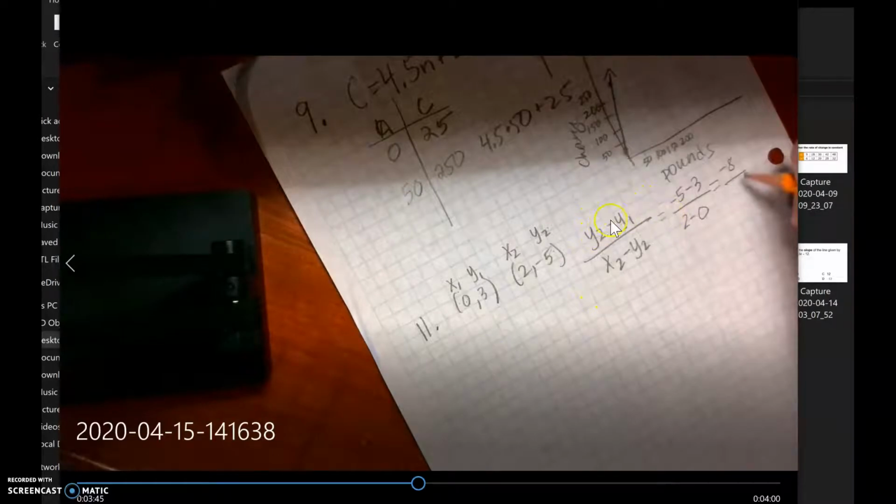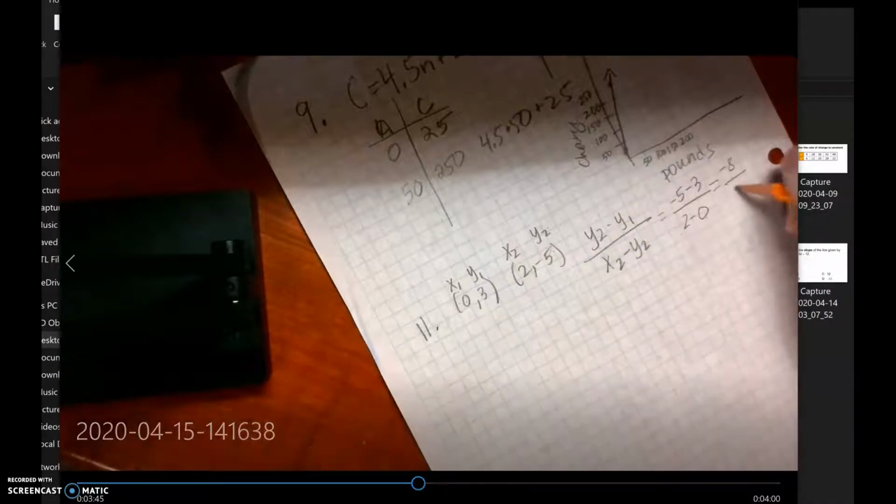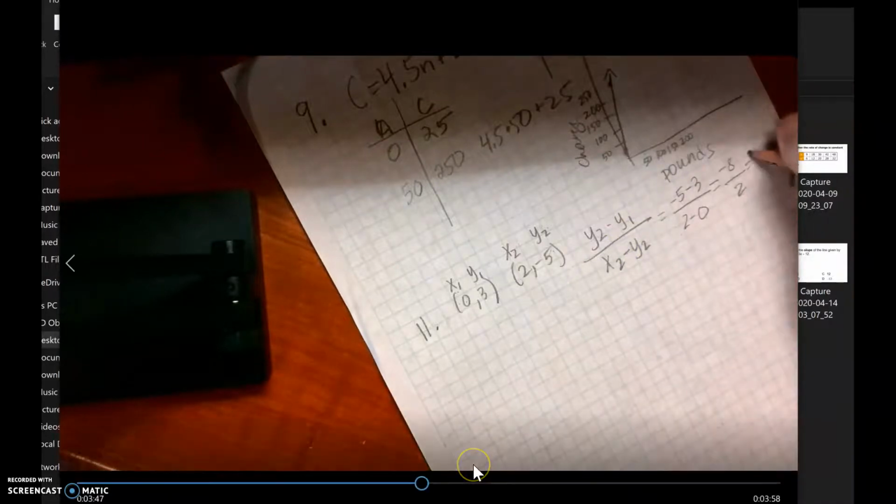This should be y2 minus y1, that's correct. But in the denominator, this should be x2 minus x1. My numbers are correct, but this should be x1 right there. So 2 minus 0 is 2. -8 divided by 2 is -4.